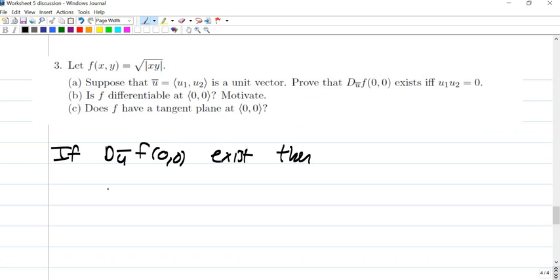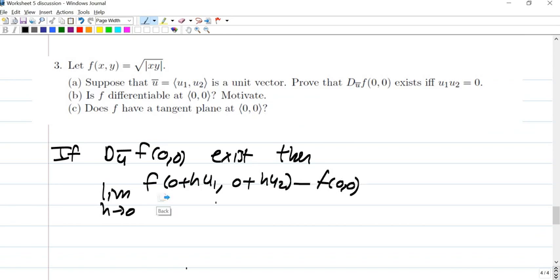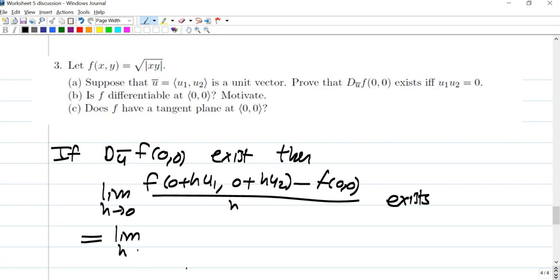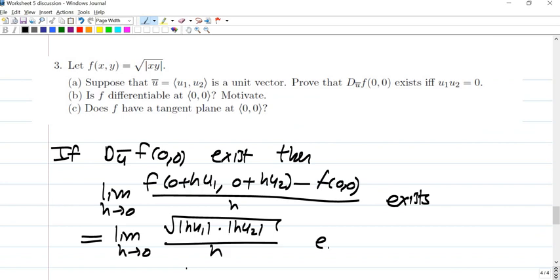then the limit as h goes to naught of f of (0 plus h u1, 0 plus h u2) minus f of (0, 0) over h exists. And this gives us the following, the limit as h goes to naught of the square root of the absolute value of h u1 times the absolute value of h u2, all over h.